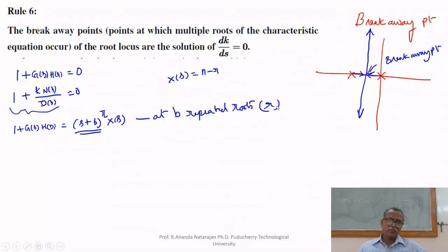This characteristic polynomial has r repeated roots.